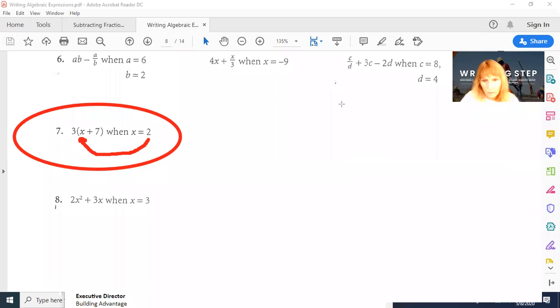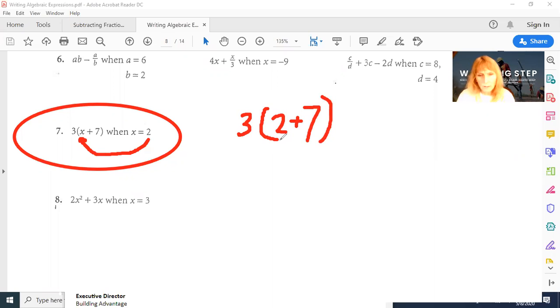I am going to get 3 times the quantity of x, which now is going to be 2 because we're substituting 2 in for that, plus 7. So PEMDAS, parentheses is first. So whatever's in parentheses we do first. 2 plus 7, that's 9. And that's times the 3 over here. So 3 times 9 is 27. So that's how you do number 7.